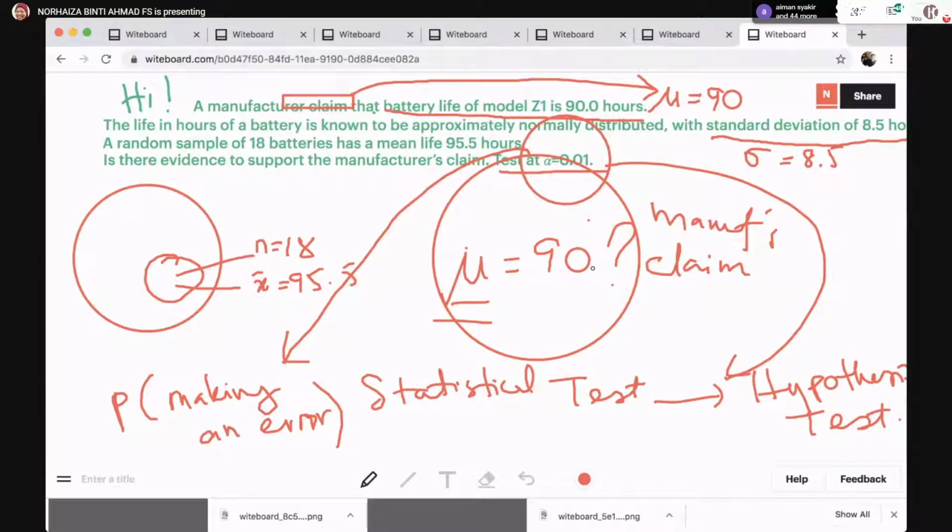In statistical hypothesis testing, we have a procedure on how to do this test. I've put the procedure on your e-learning, outlined one by one, so you need to follow it. A statistical test is a list of procedures that you use to test your parameter.